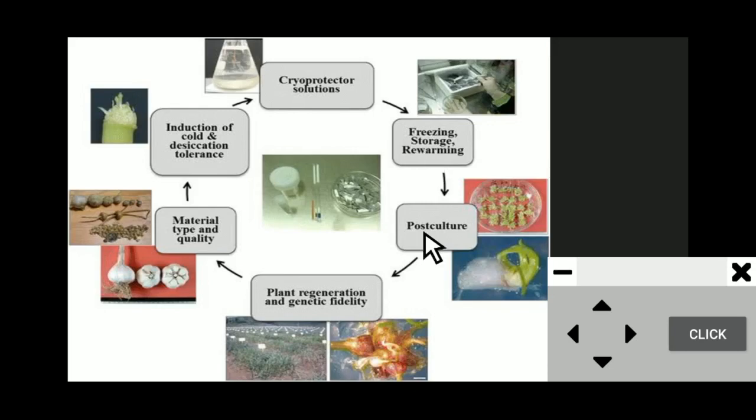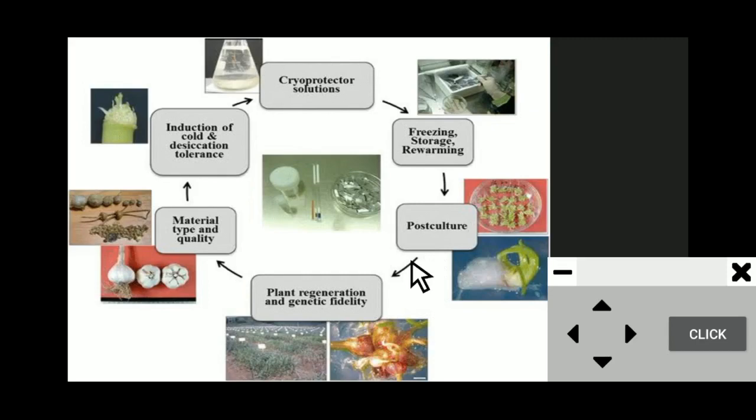After thawing, the thawed germplasms are washed several times to remove the cryoprotectants, and then the material is recultured in fresh medium under controlled sterile conditions. After reculture or post culture, the plant samples are subjected to regeneration.